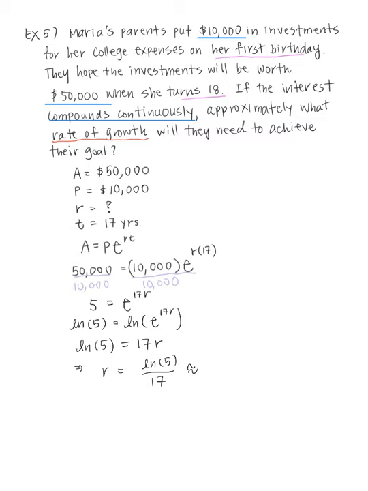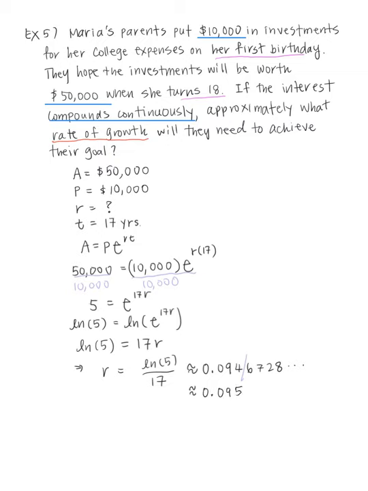This value, I got 0.094678, and so on. Where should I round off at? Maybe to 3 decimal places. So I'm going to round it off at 3 decimal places. Then our r is 0.095.